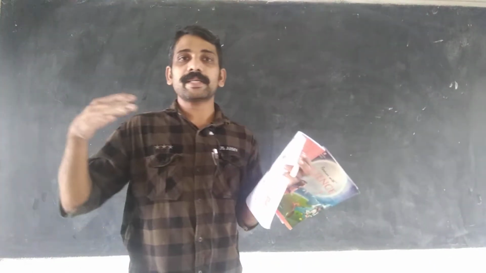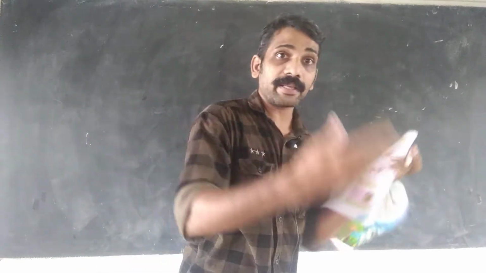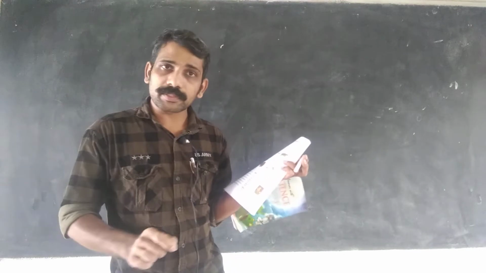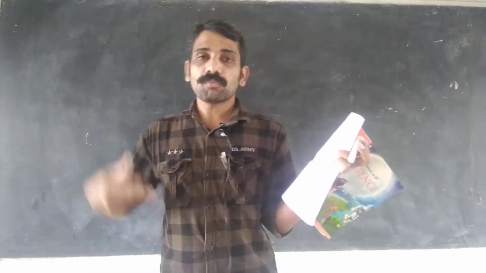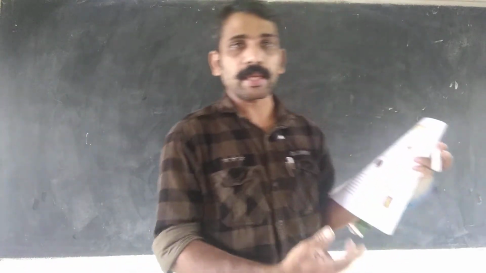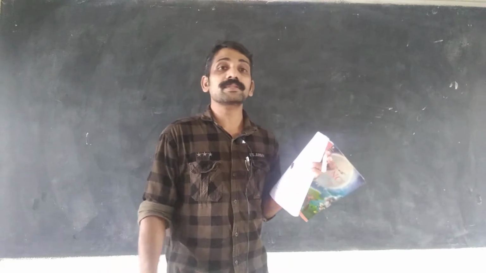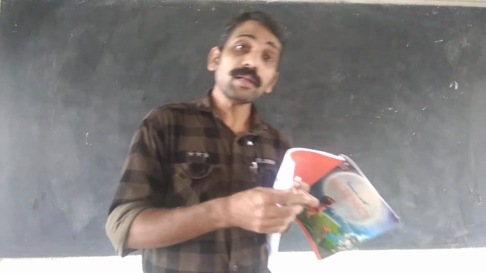Moving means going here and there, running, jumping. These are all movement. Running, walking, jumping, going here and there is called movement or moving. So all living things are moving.